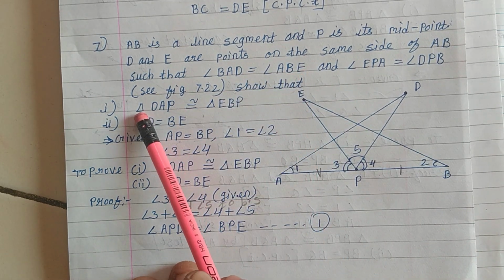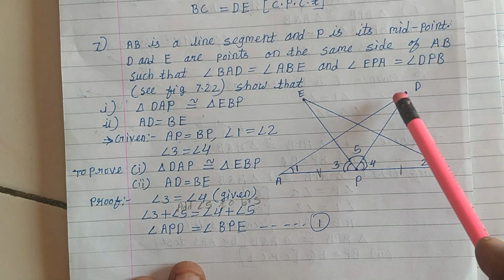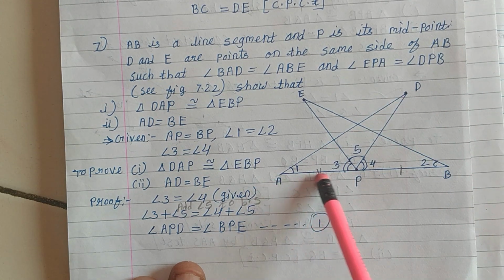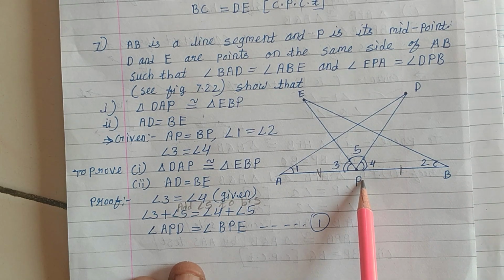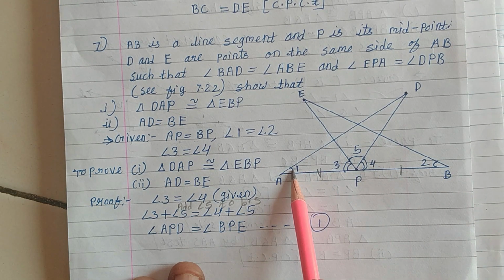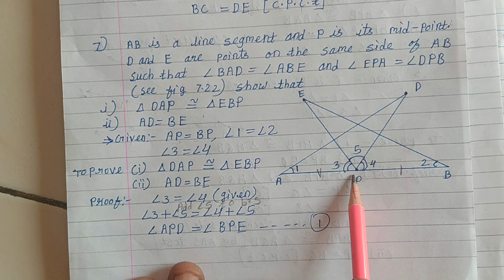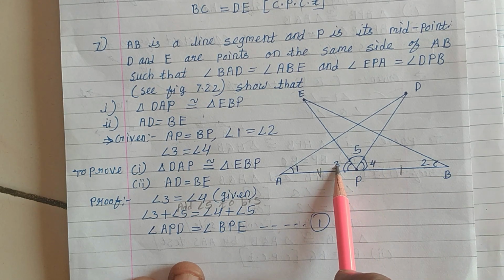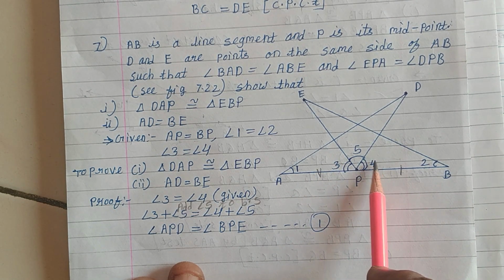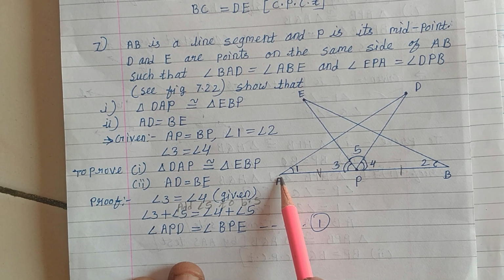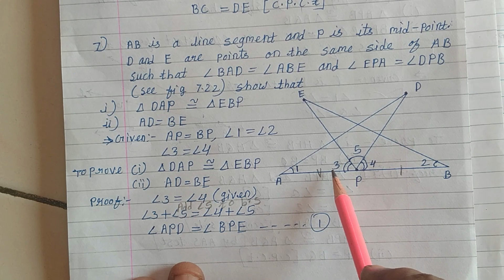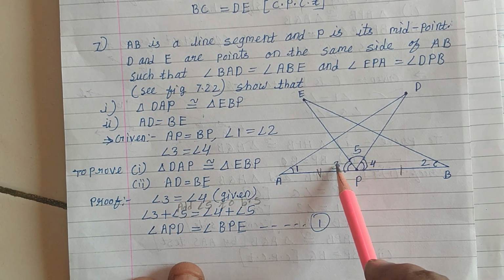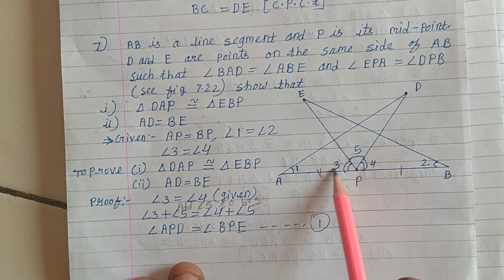So first of all we have to show triangle DAP is congruent to EBP. So already angle 1 is equal to angle 2, AP is equal to BP, and angle 3 is equal to angle 4. But in this triangle APD, which we have to show congruent, whole angle P is coming, that is angle 3 plus angle 5.